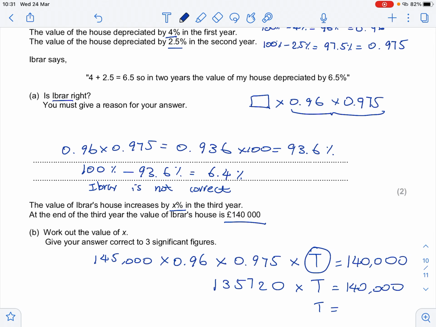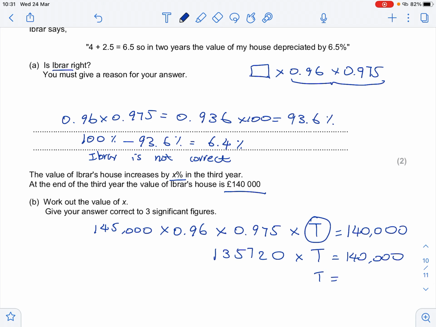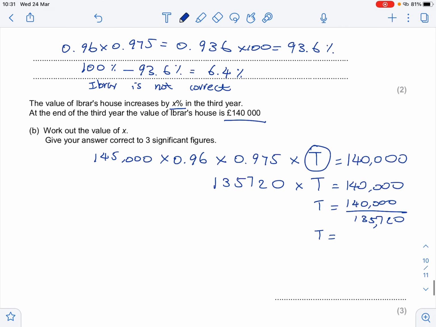So rearranging our equation, the multiplier is 140,000 divided by 135,720. So our multiplier is going to be 1.0315.